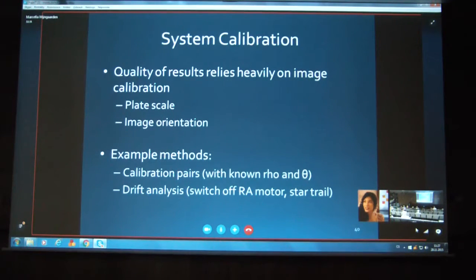One obvious one is to use calibration pairs, so you use binary pairs with known separation and position angle. And you use these images to calibrate the plate scale and the image orientation. Another way could be to use drift analysis. So you have a single star on the side of your image, and you switch off the mount motor, and you analyze the star trail. And you can derive which way is east and west from that.